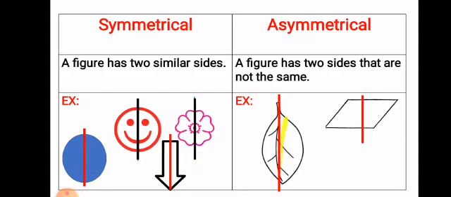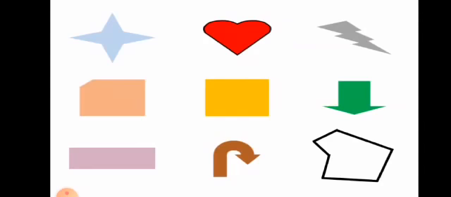So, as we just said, a figure or a shape that has two similar sides is called a symmetrical shape, like all of those shapes and figures. While a figure or a shape that has two sides that are not the same is called an asymmetrical shape or an asymmetrical figure.